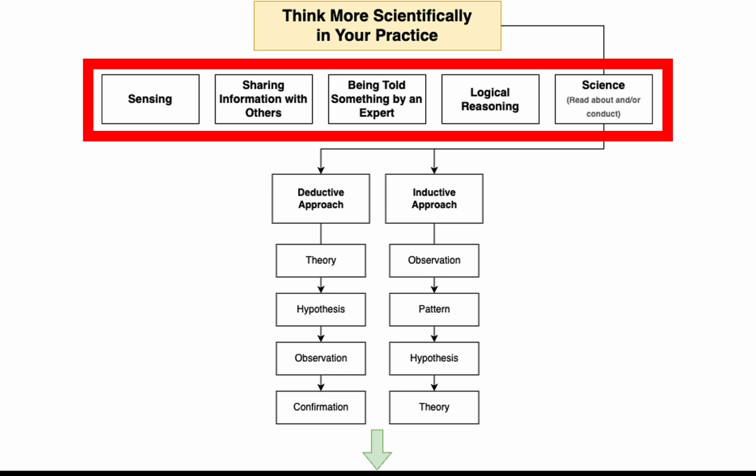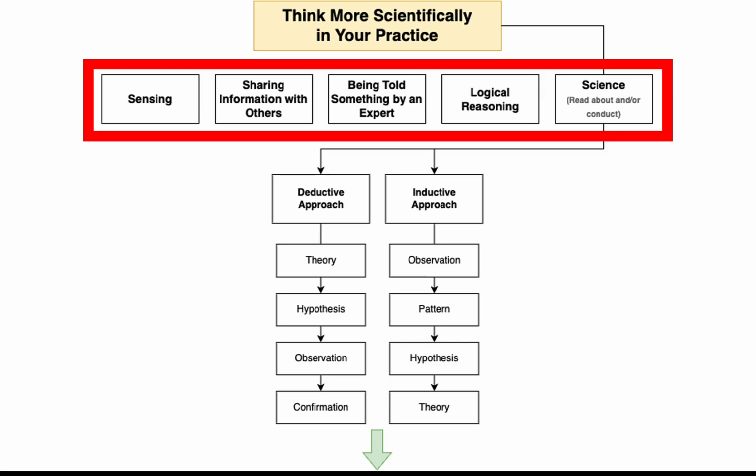And at the very top of the picture, or near the top of the picture, are the 5 ways commonly used to know things. And again, there are notes on this in the course notes and in the course text.